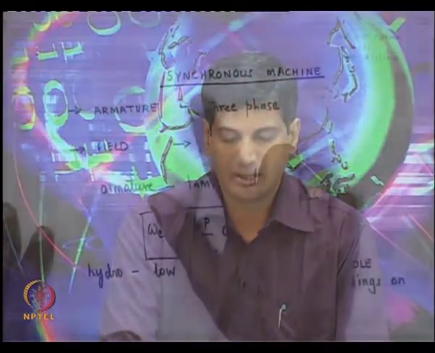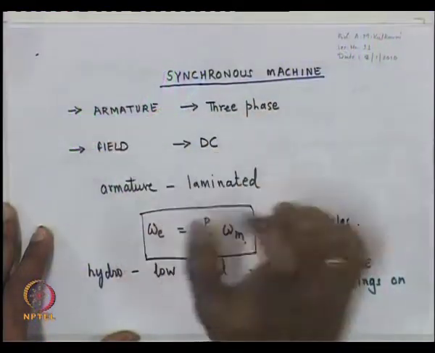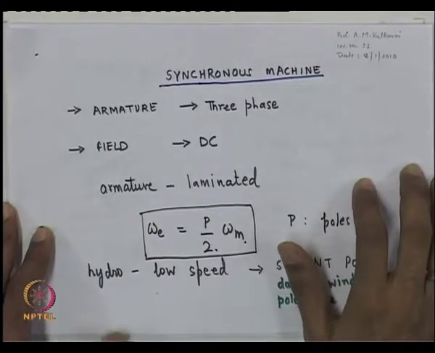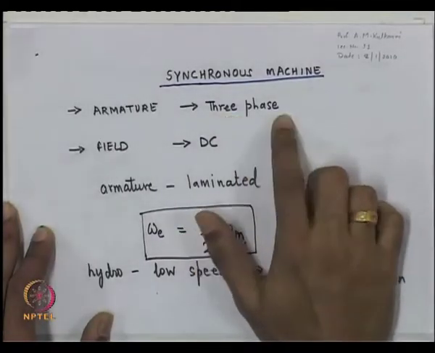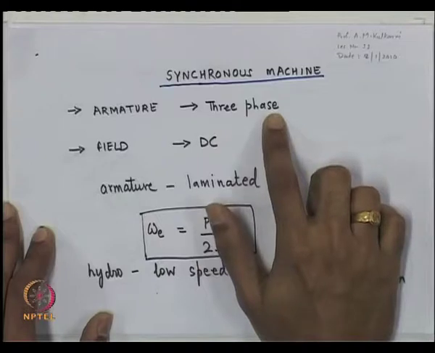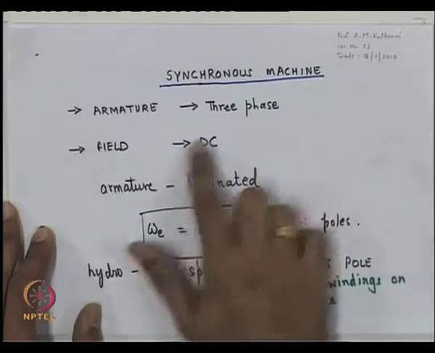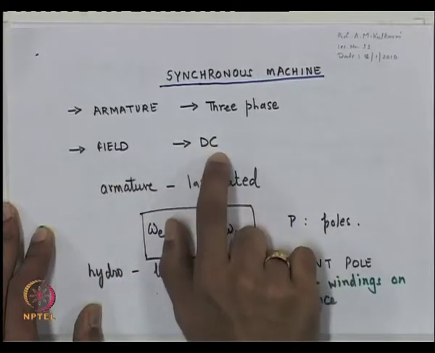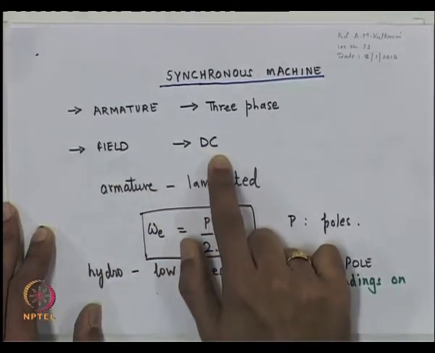Just some basic review. A synchronous machine has two kinds of windings. The armature winding, usually present on the stator, consists of three phase windings. There are three sets of windings, and you have a field winding which is fed with DC voltage.